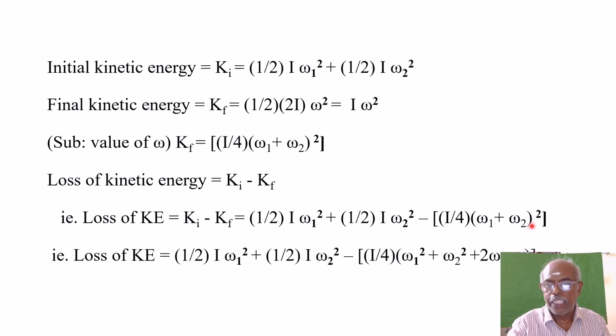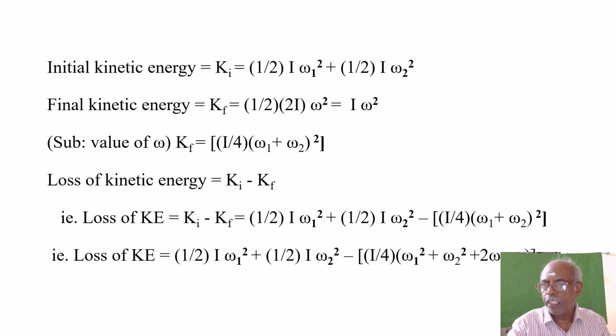So loss of KE is equal to 1 by 2 into I omega 1 square plus 1 by 2 into I omega 2 square minus 1 by 4 into, what is this value? This is similar to a plus b the whole square: a square, omega 1 square, plus b square, omega 2 square, plus 2ab, 2 into omega 1 into omega 2.